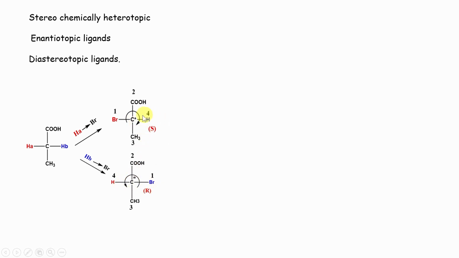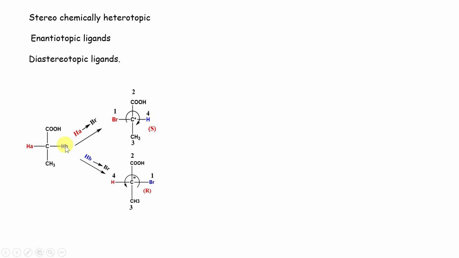So these two isomers are related as object and non-superimposable mirror image to each other, or enantiomers. And so we can say by replacing HA and HB by a bromine atom, we will get enantiomers, and thus HA and HB are enantiotopic ligands.